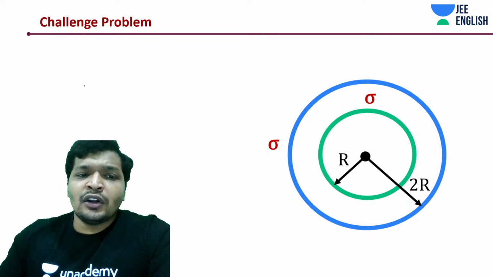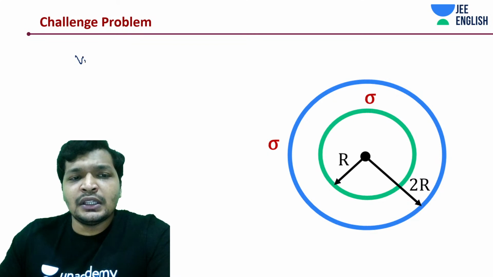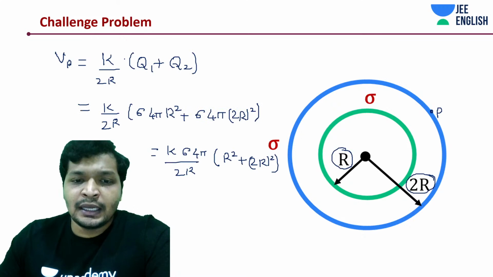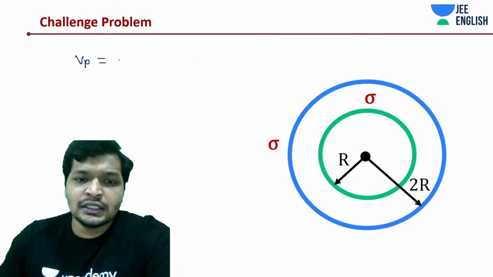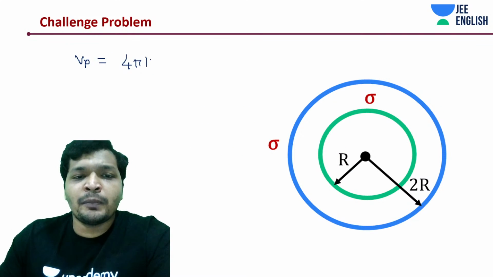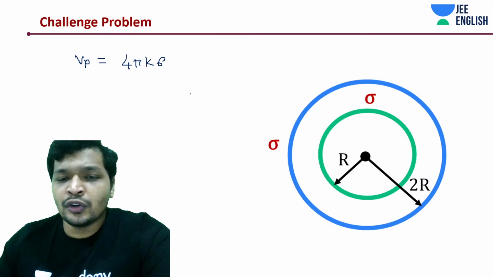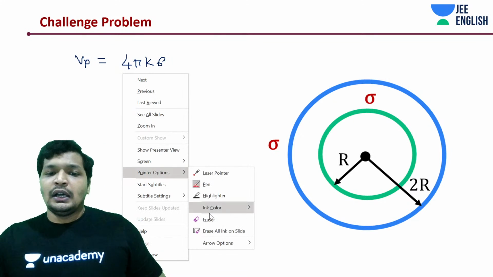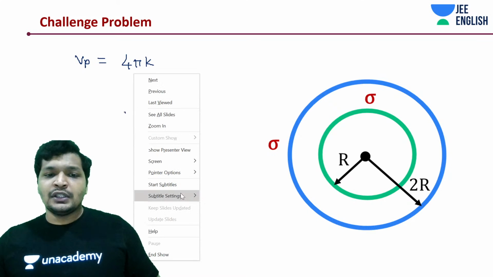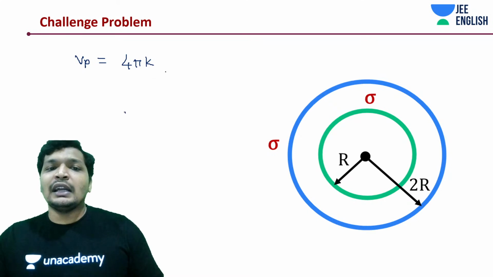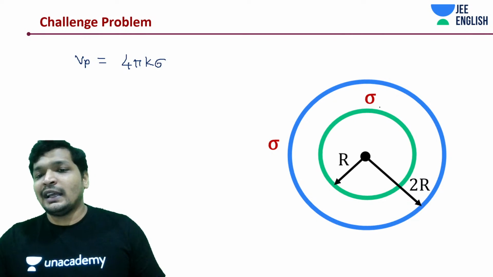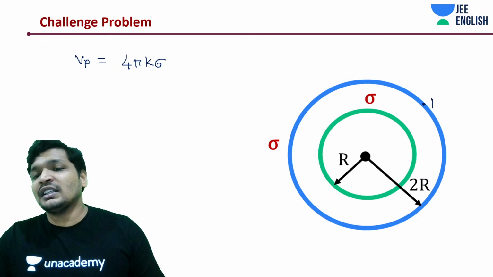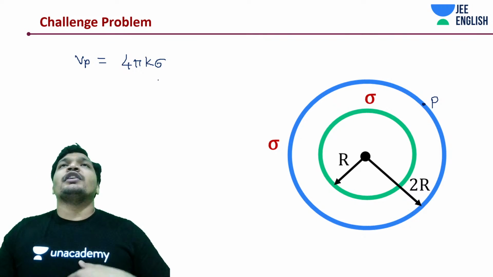So let's get on to the next one. Then VP is equal to, let me just quickly grab it, guys. This is the common term 4 pi K sigma, which you don't want to ever disturb, because if you disturb this, ultimately your entire calculation will become lengthier, at least lengthier in terms of how you do it in an exam.